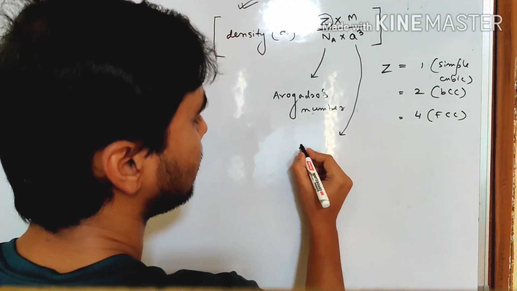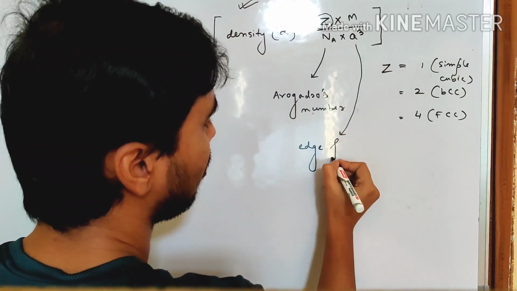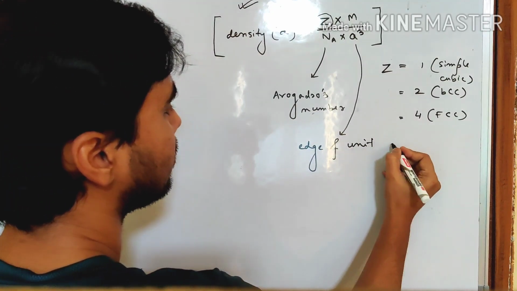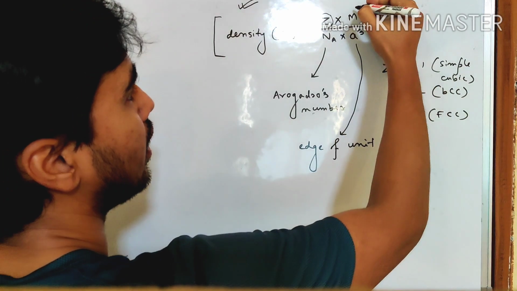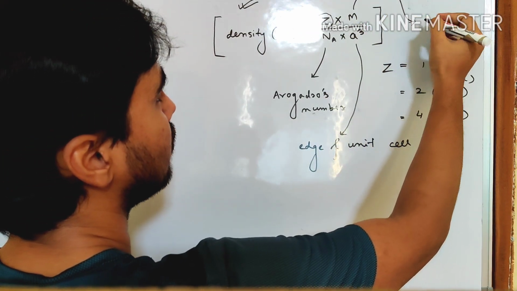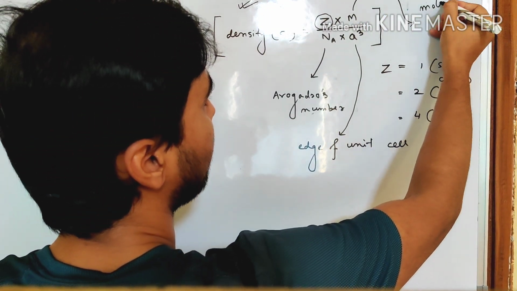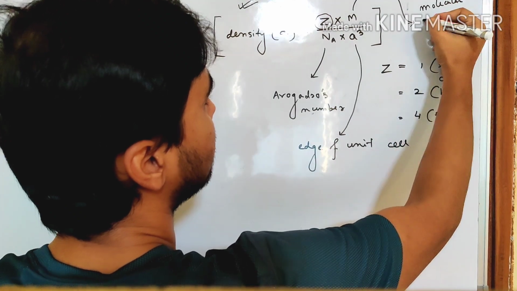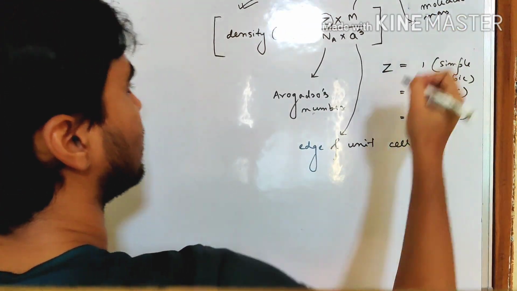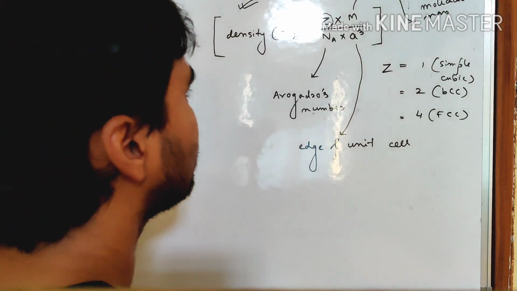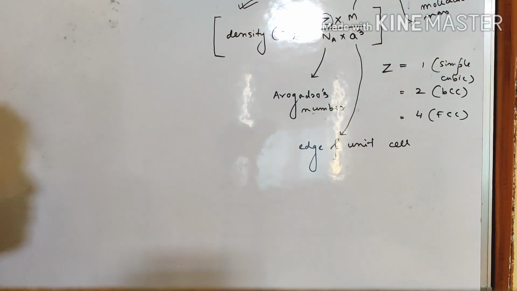This one is the edge of unit cell. And this one is, of course, the molecular mass of unit cell. So based on this formula, we are going to solve initial problems.